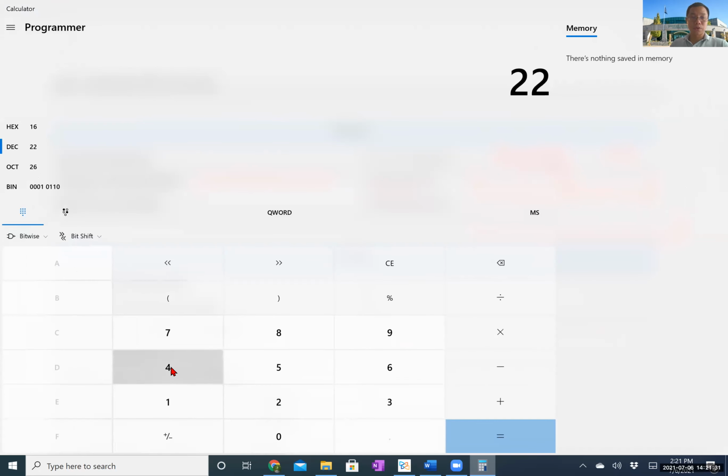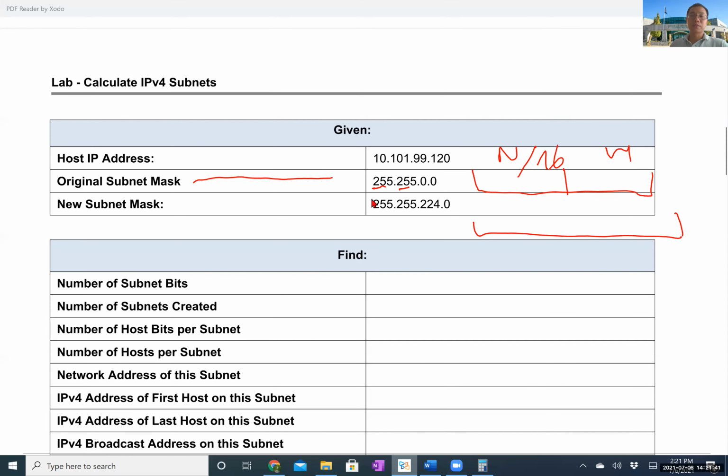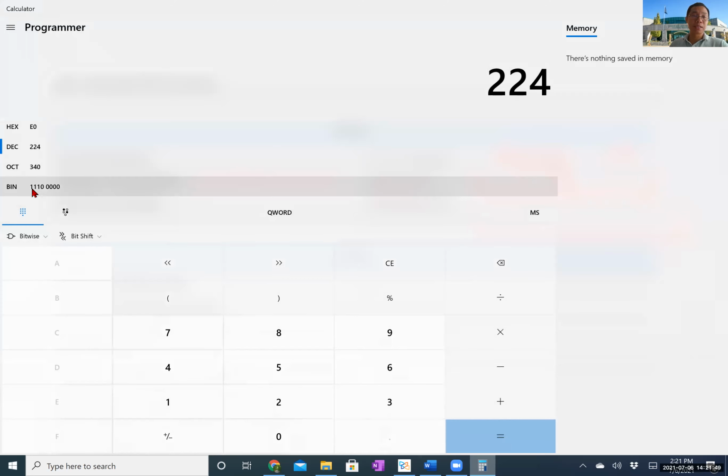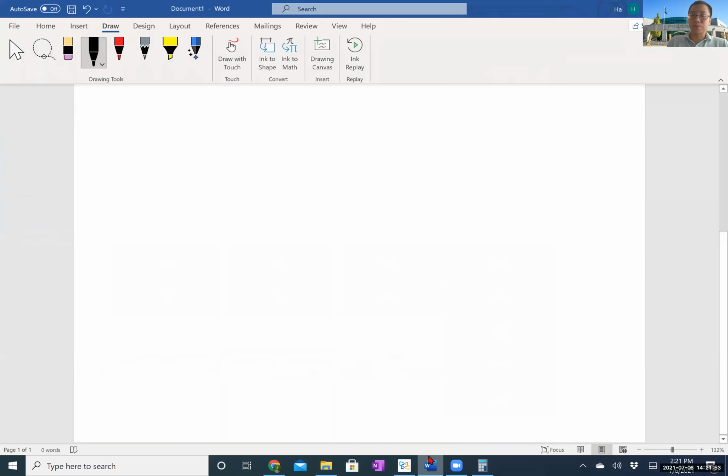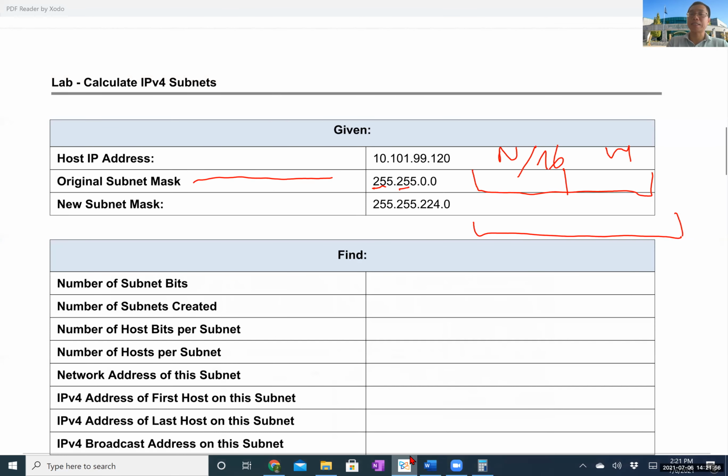You go to 224 and convert it, you have 11100000. The first two 255s already give you 16, and then you have 17, 18, 19 here. So you have /19, which means 19 bits in the network portion and 13 bits in the host portion.